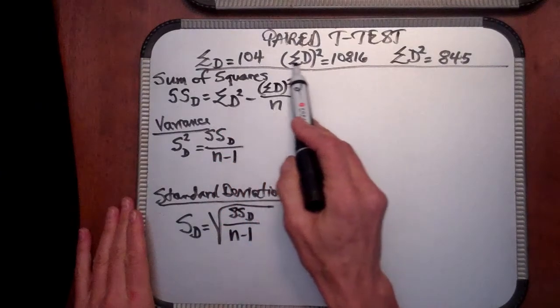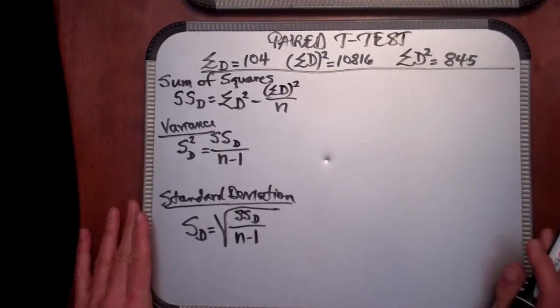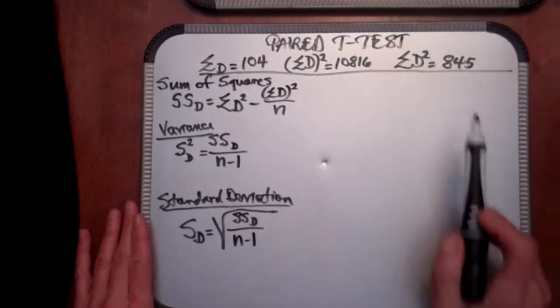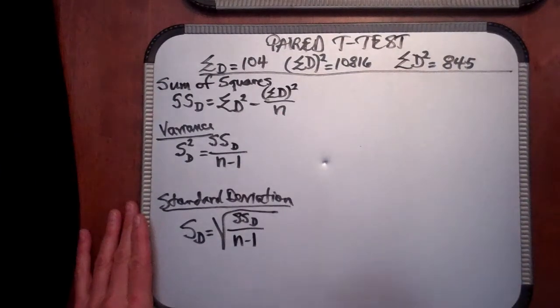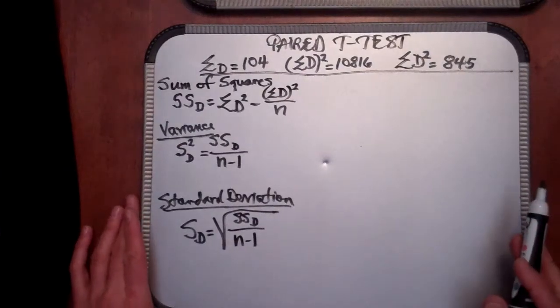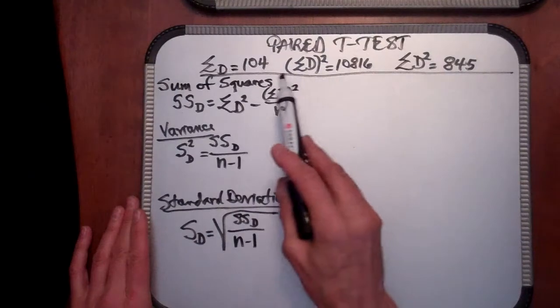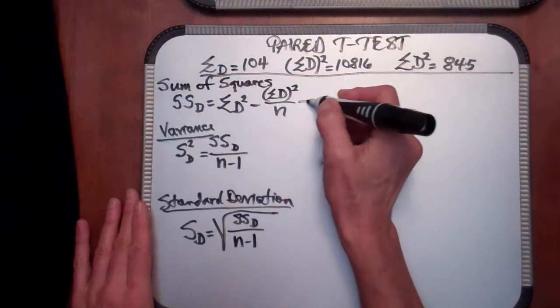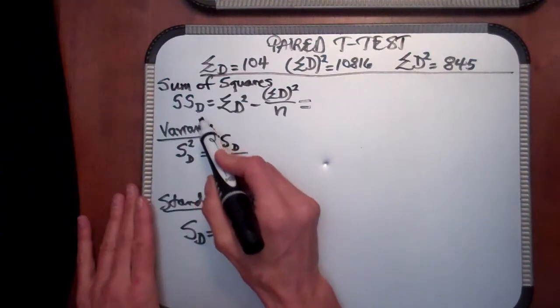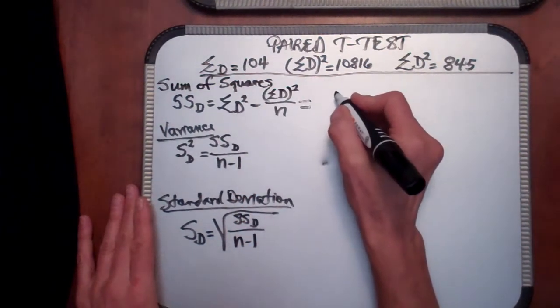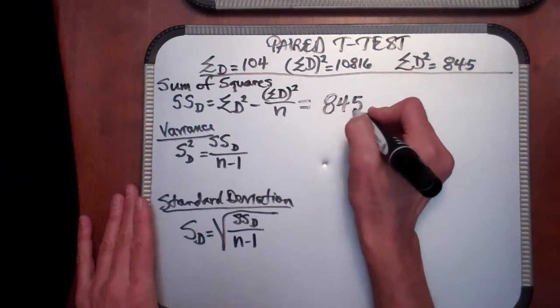I've copied these numbers from the example in your textbook. If you have any question in your mind at this point about where these values come from, go back a few pages in your textbook and check just to refresh your mind about what these values are saying. So let's calculate this. So sum of squares of the difference equals the sum of the differences squared, that's this value, 845, right?